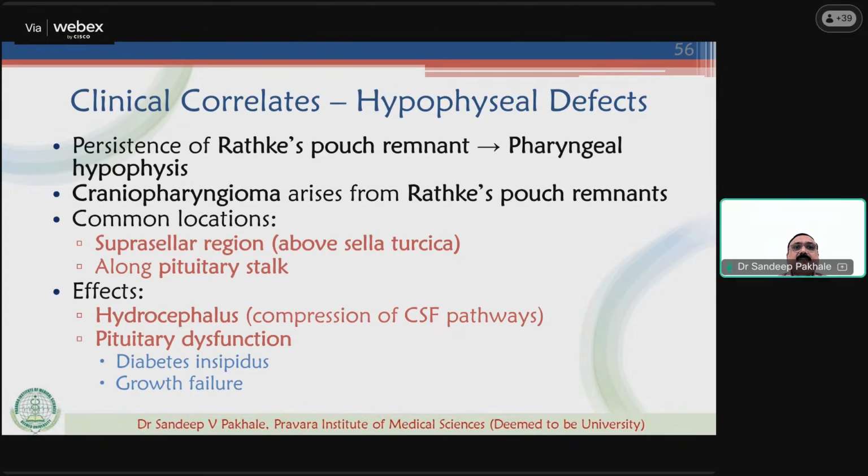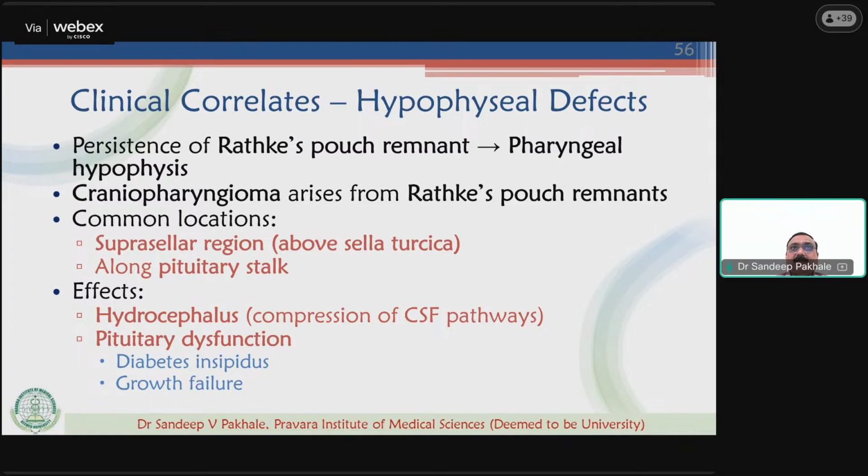Now coming to the clinical correlation of hypophyseal defects. Persistence of Rathke's pouch can sometimes result in the formation of a pharyngeal hypophysis.